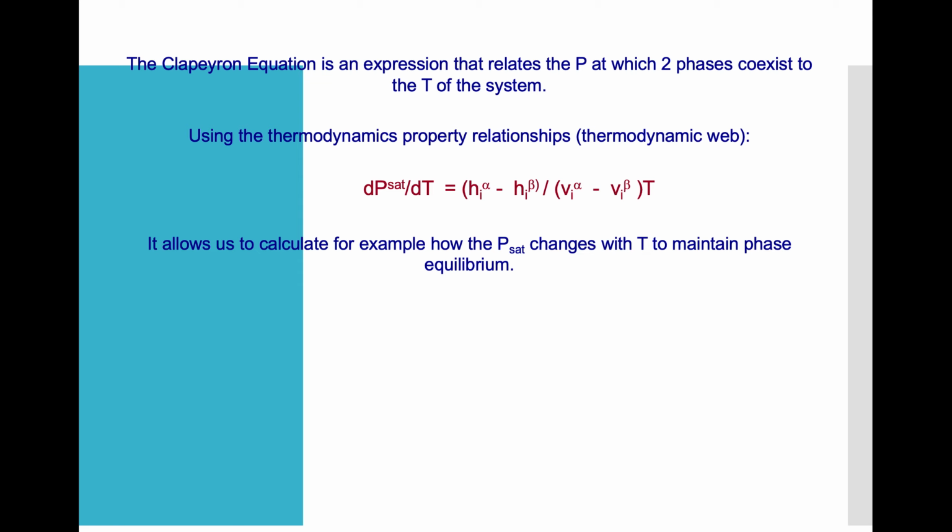Okay, so the Clapeyron equation is an expression that relates the P at which two phases coexist to the T of a system, using the thermodynamic property relationships, which is the thermodynamic web. So we have this equation. It allows us to calculate, for example, how the saturated pressure changes with T to maintain phase equilibrium.